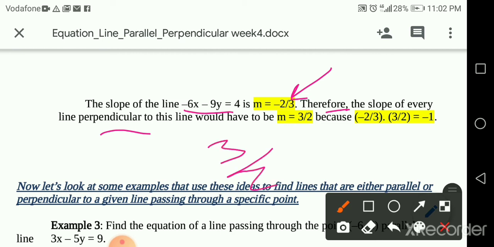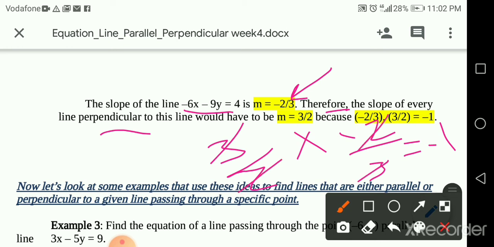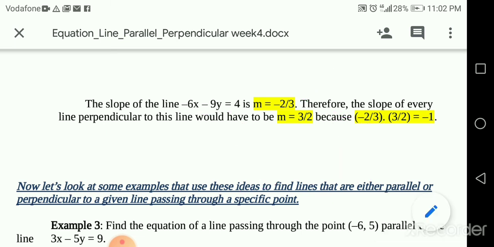If you multiply 3/2 times negative 2/3, it gives you -1. 3 goes with 3, 2 goes with 2, and the remaining negative gives -1. Easy, I think it's very easy now.